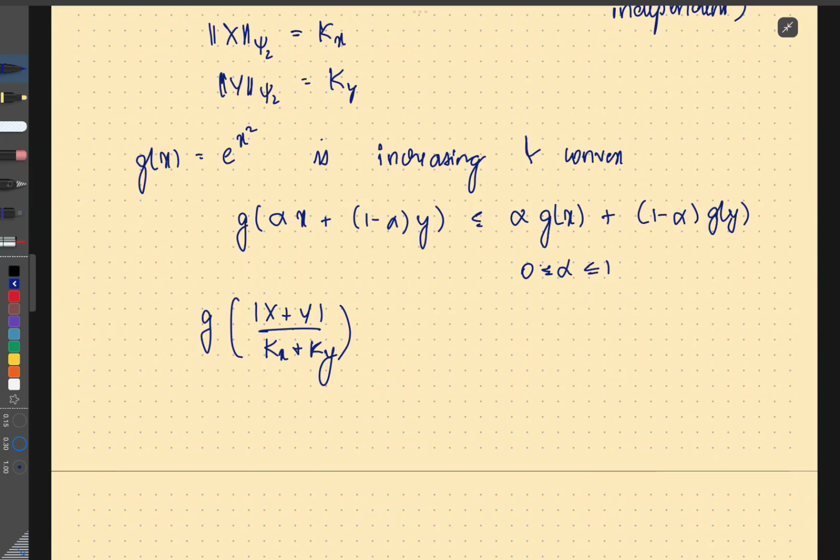If I want to derive the triangle inequality, what do I want to show about g, or about this particular quantity?